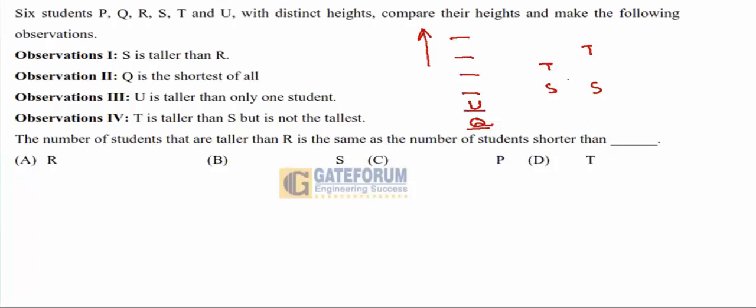So any of these conditions were true. If S were here, then T could only have been here. So these are the conditions that result.